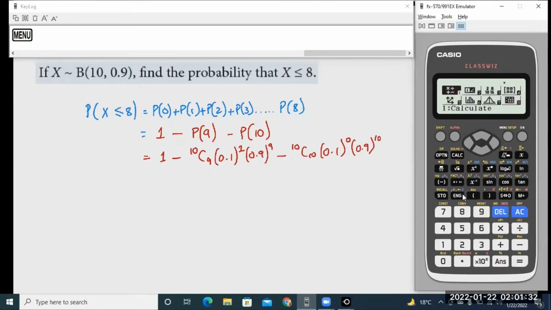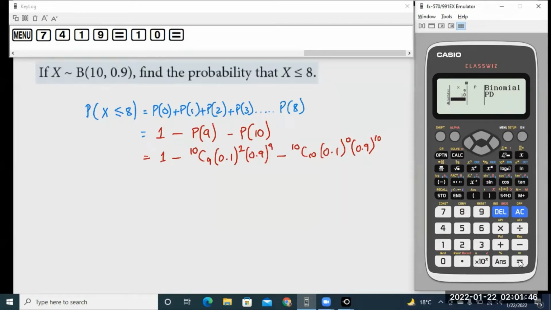So you go to menu, you go to 7, you use your binomial probability distribution, and now you make a list. I want the probabilities of 9 and 10. I press another equals, takes me to n, that is 10, and the probability of success is 0.9. And here I am. I have the numbers.